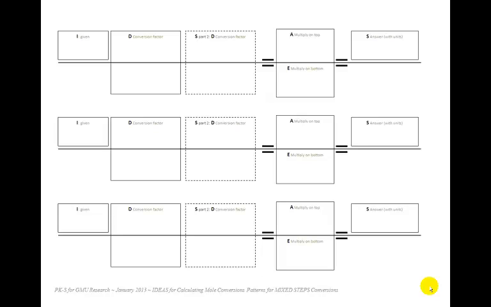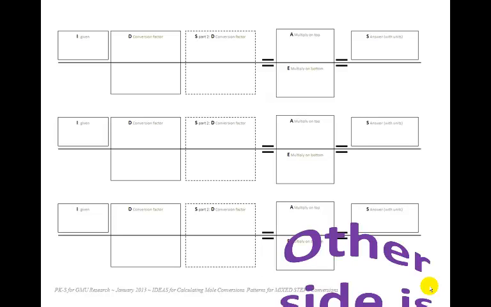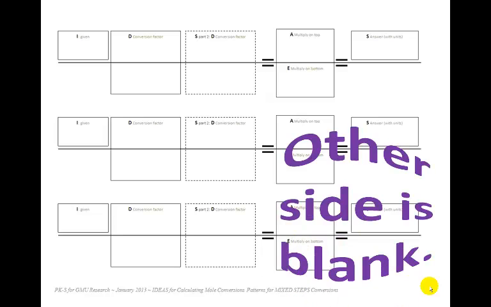Notice again that you've got the IDEAS strategy prompting you. As you become more proficient with using the IDEAS strategy, you won't need the patterns, and you'll learn the steps in the strategy. And so you may start solving some of the conversions on the other side of this laminated sheet. The other side is blank.